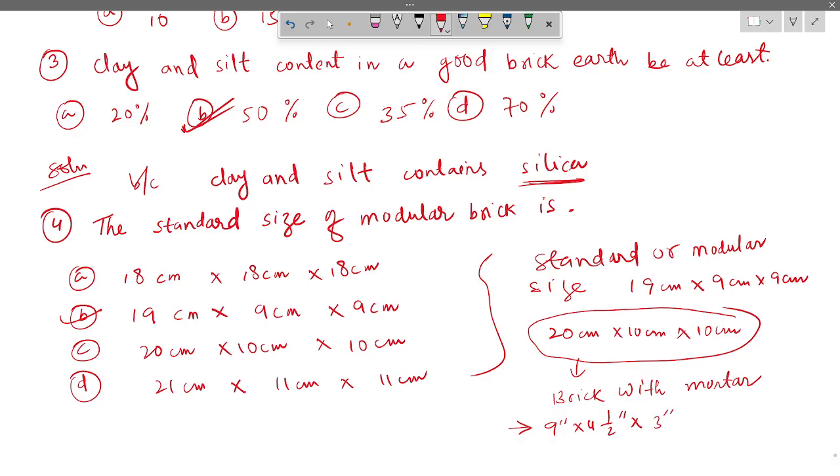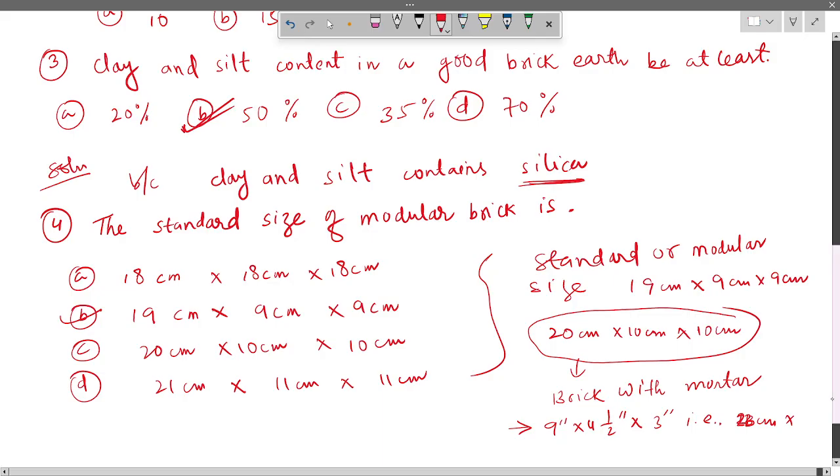If you convert into centimeter, it becomes 23 centimeter, then 11.4 centimeter, then 7.6 centimeter.